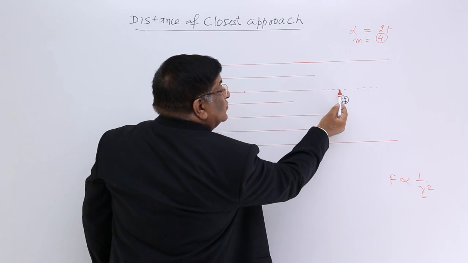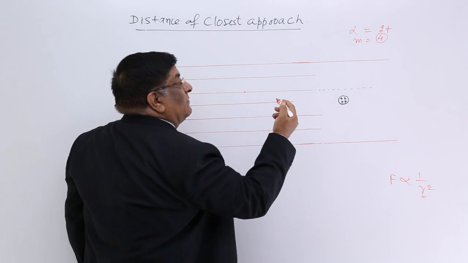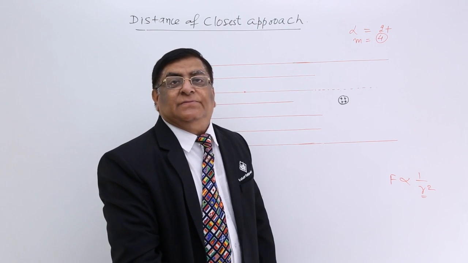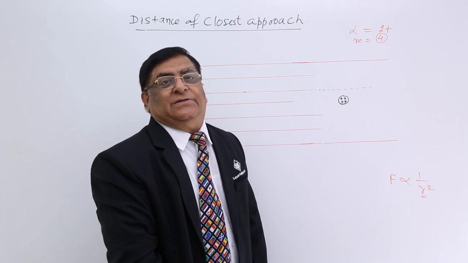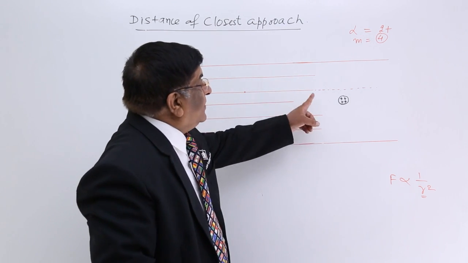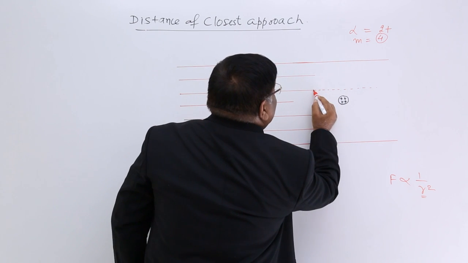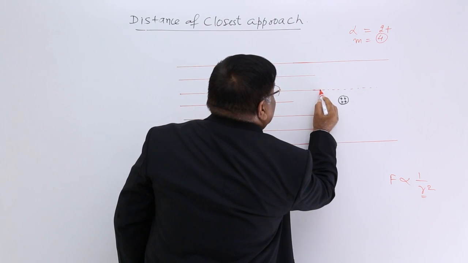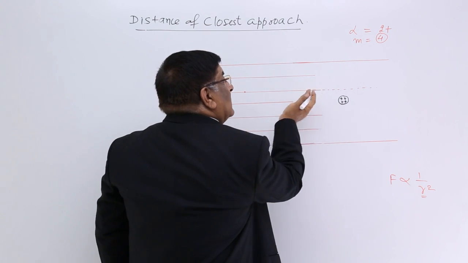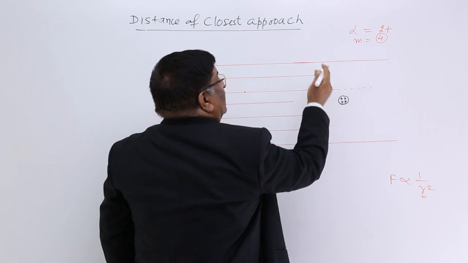When it becomes very close to it, the force will be very large. But that situation doesn't come, because before that, when it is at this distance, the force becomes so large that it starts deviating.